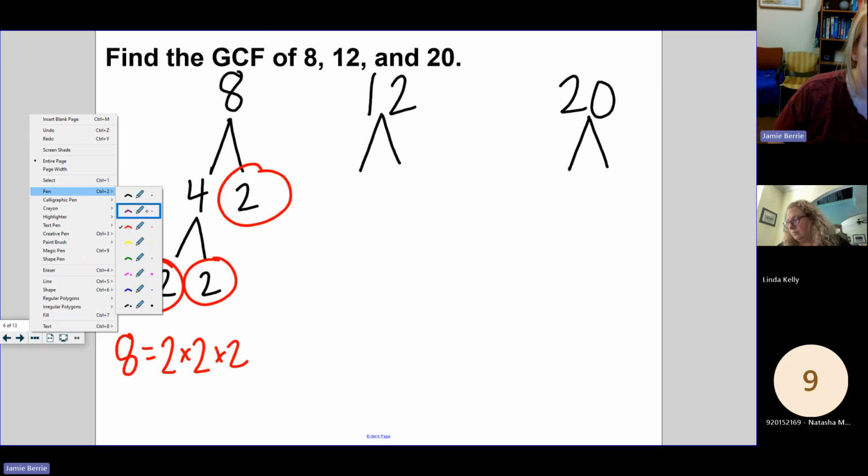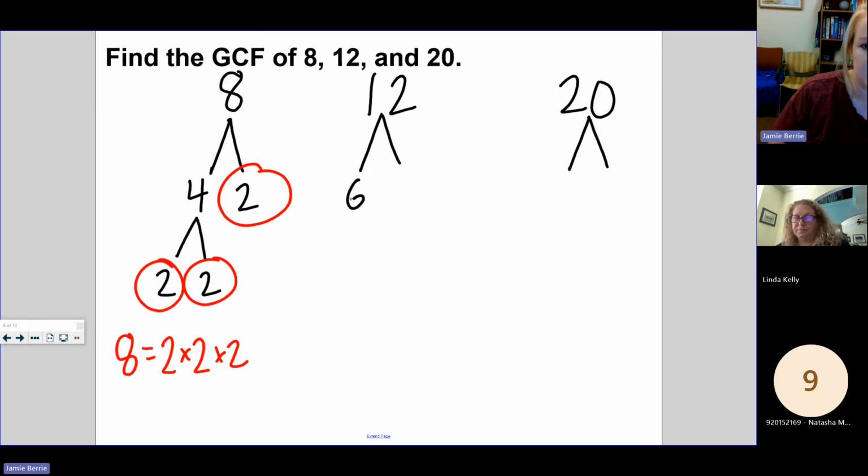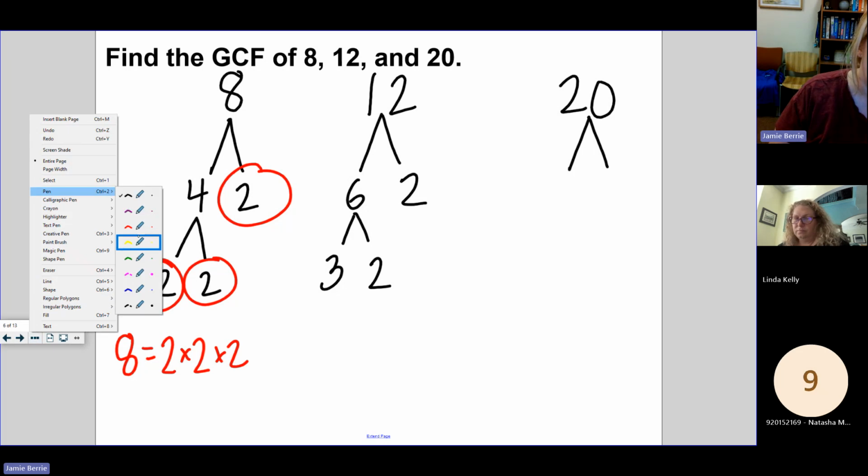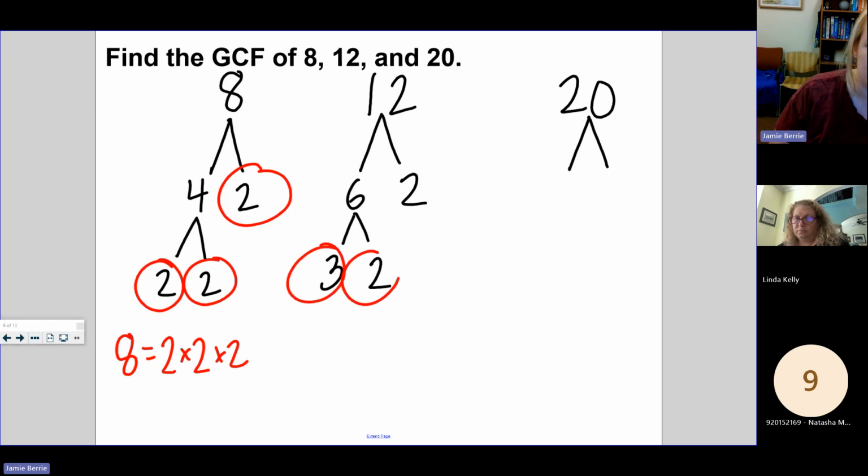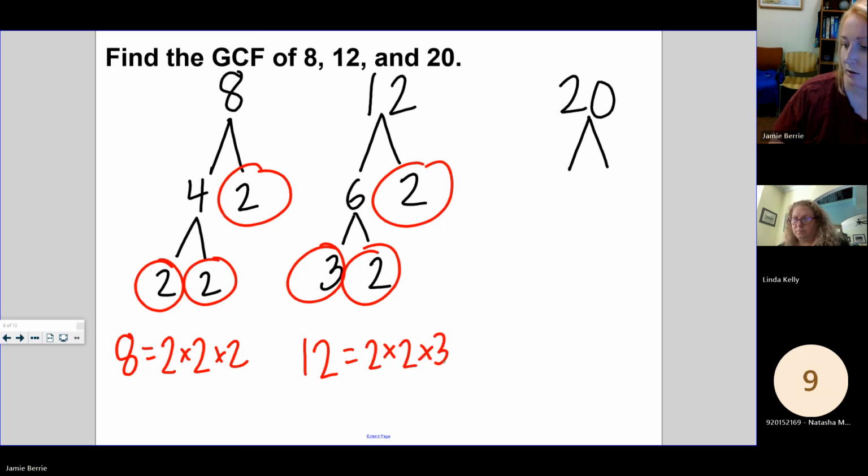All right, then we do the same thing for 12. I'm going to do 6 times 2. 6 could be broken into 3 times 2. All right, 3 and 2 are prime, so I'm down to my prime numbers, 3, 2, and 2. So we'll say 12 equals, we'll go in smallest to biggest, so 2 times 2 times 3.